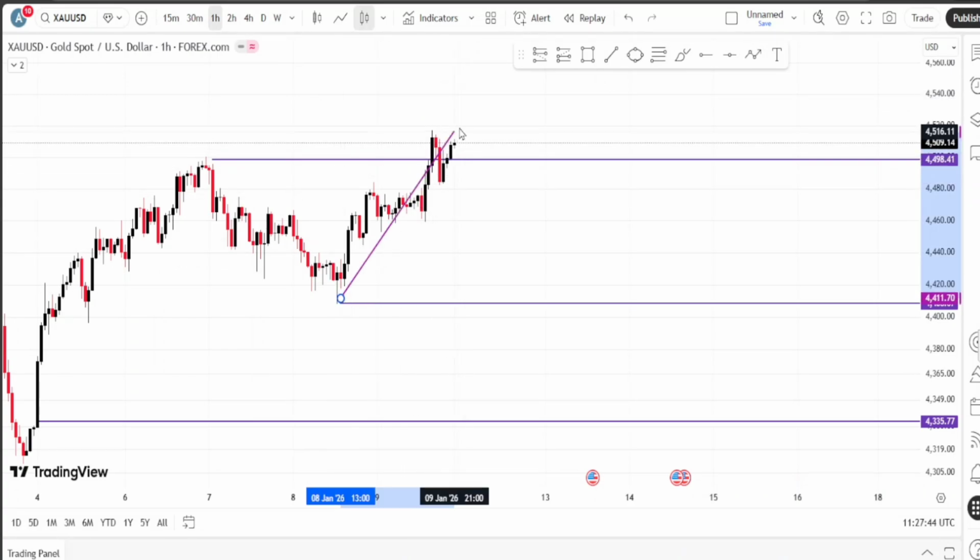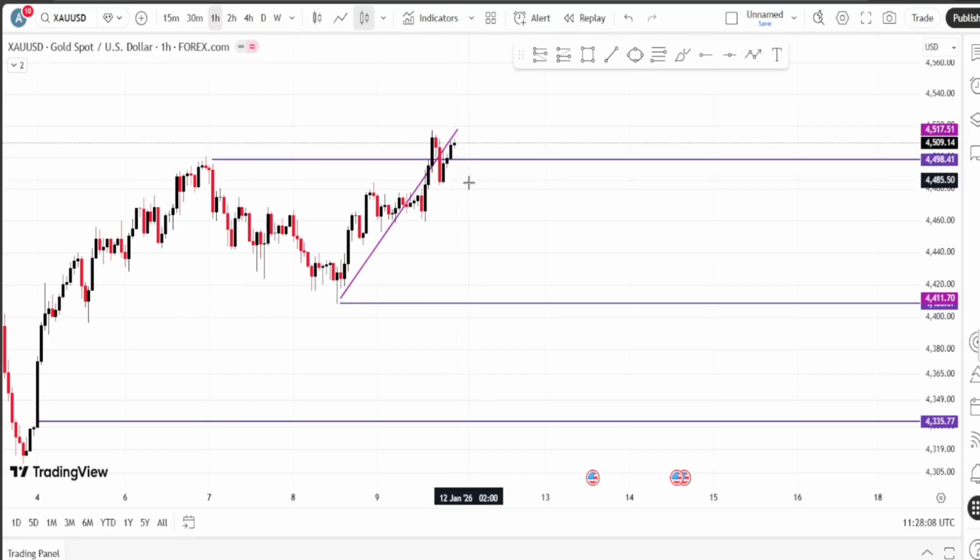So what is next? In the long term, I think probably we're going to see a 5,000 gold this year, but before then, you just have to be patient here. I believe that when the market opens, just wait, because there is probably going to be some correction.